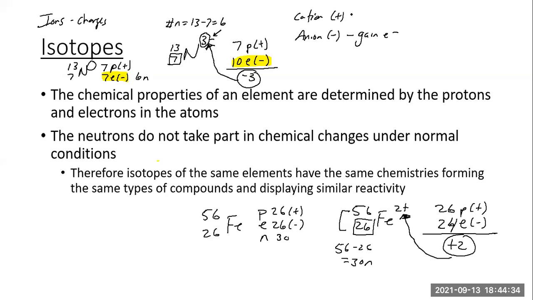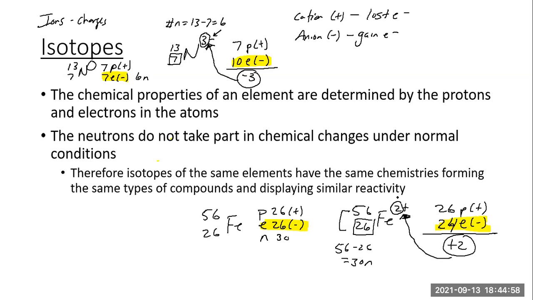That is a cation. What happened between the neutral guy, which had 26 electrons, and the guy with a positive charge? It went from 26 electrons to 24 electrons. Something with a positive charge means that it has lost electrons. How many did it lose? It lost 2, which is equal to the charge.